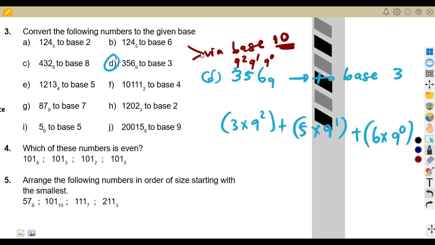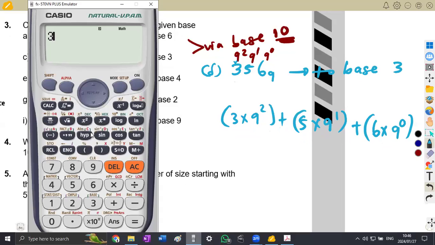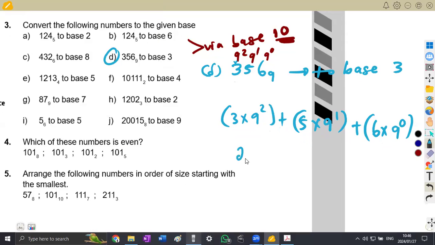So let us just use our calculator for confirming these values. 3 times 9 squared is 243. So we've got 243 plus 9 to the power of 1, that is 9 times 5, which is 45. So this gives us 45 plus 9 to the power of 0, that's a 1, then 1 times 6, which gives us a 6.